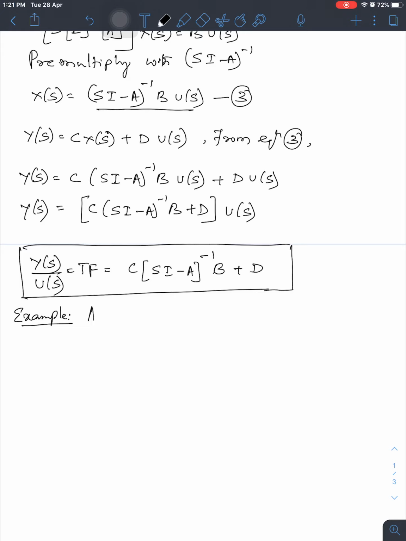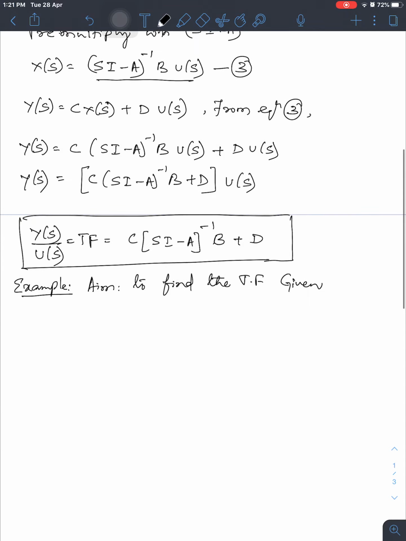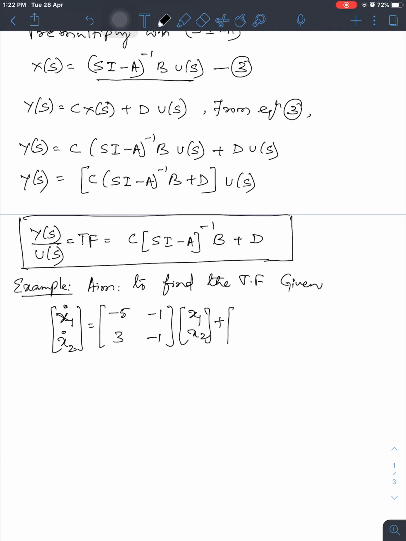So our aim is to determine the transfer function with the given equations as: x1 dot, x2 dot, the derivative of the state vector, equals the matrix minus 5, minus 1, 3, minus 1 times x1, x2, plus 2 and 5 into u, and y equal to 1 and 2 times x1, x2.